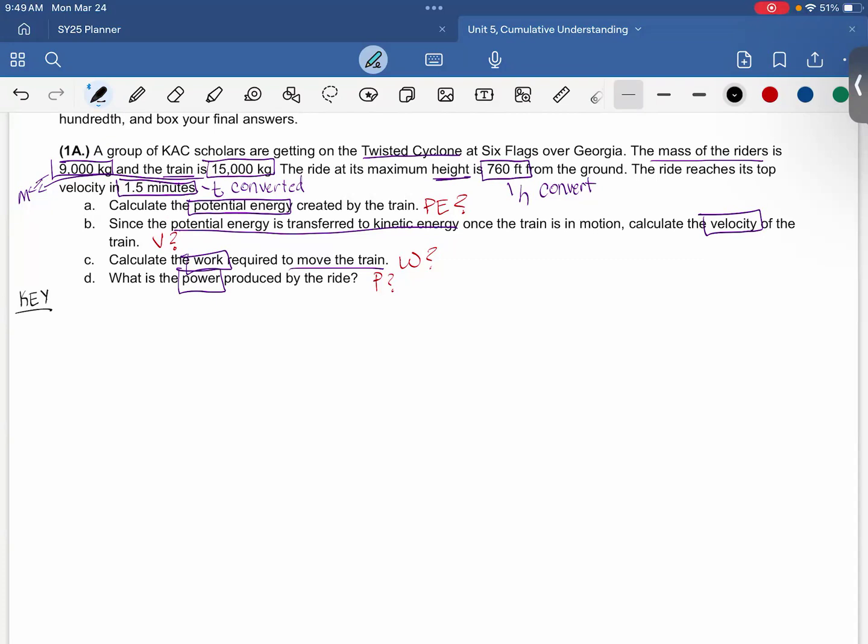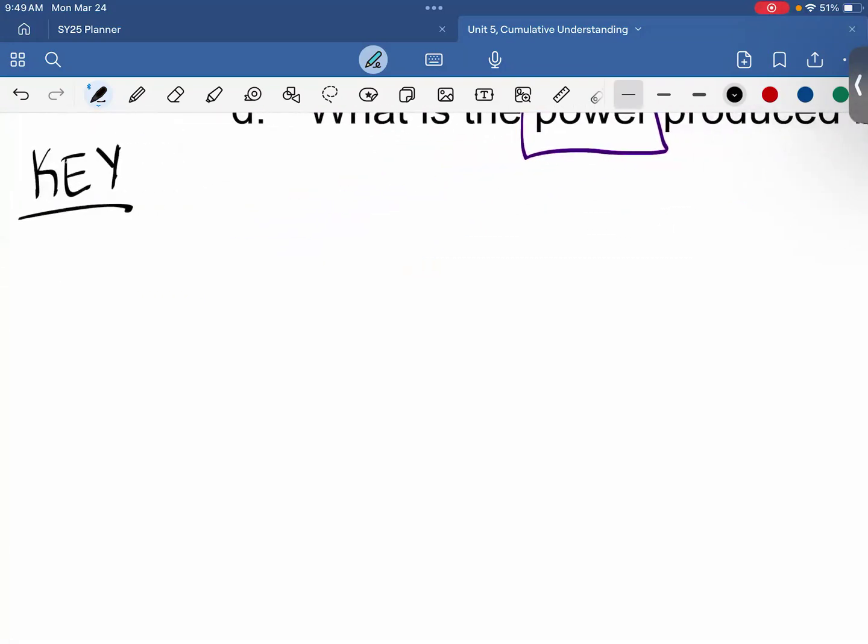Well, I know that when I get on a ride, it doesn't leave me behind. We come together and become one. So I need to figure out the total mass of the ride and the rider. I'm going to add 9,000 and 15,000 to find that my total mass is 24,000 kilograms.